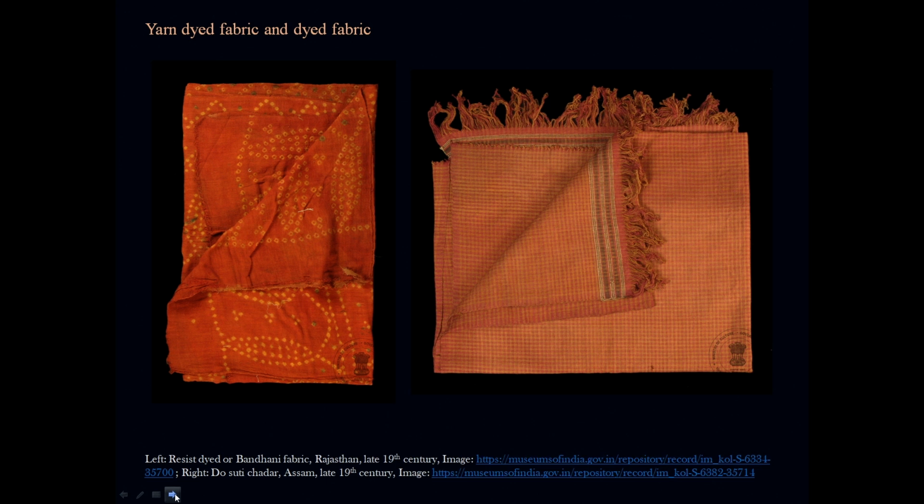So, this is what we are talking about when we say dyed fabric, that the construction of the fabric is done and then it is subsequently dyed. Now, if we contrast that with the other fabric on the right side of the screen, it is also a chadar, presumably worn around the upper body, and this comes from Assam, again from the late 19th century.